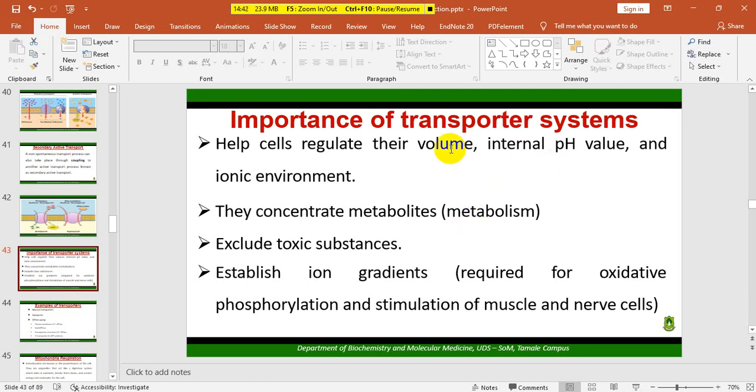Homeostasis, or constant internal environment, constant volume, constant internal pH, and constant ionic environment. They will also concentrate metabolites that the cell needs to use for its own physiological activities. It will exclude toxic substances. So if there is any toxic substance like ammonia and the rest, they will be excreted from the cell, and establish ion gradient.